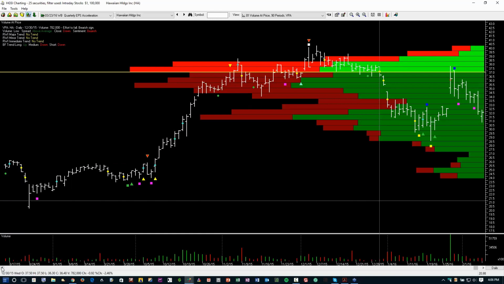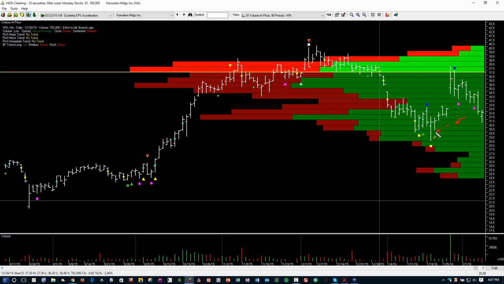You also have to realize that the support and resistance may be more the total bar and not just the red and the green, because the red and the green is over a period of time. It's more of a summary of the volume action during that 90 days and not quite the same thing as traditional resistance or supply.